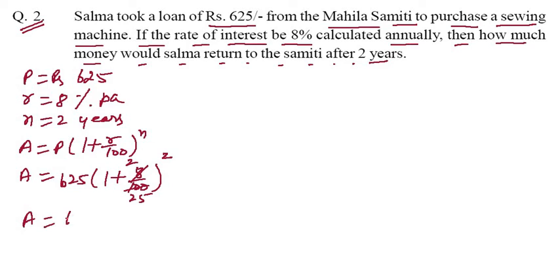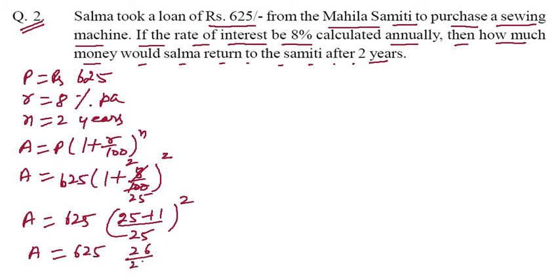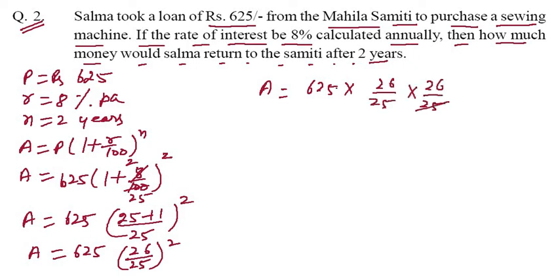So amount will be equal to 625, taking their LCM, that is 25, and here is 25 plus 1 and whole power is 2. So amount will be equal to 625 into 26 upon 25 and whole power is 2. Now amount will be equal to 625 into 26 upon 25 into 26 upon 25. 25 and 25 cancel out. So amount will be 26 into 26.